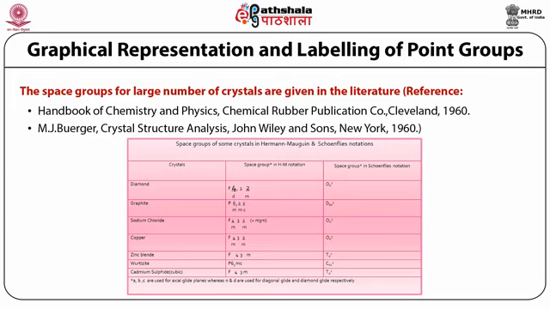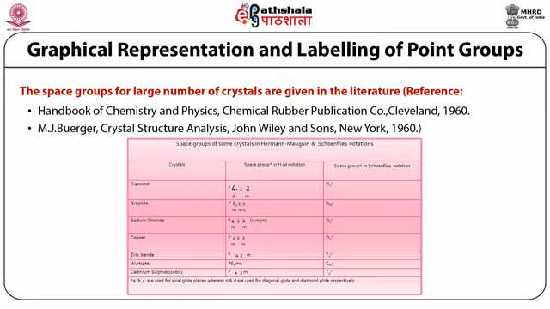Corresponding to it, the space group in Schoenflies notation is capital O with subscript h and superscript 7. Graphite is another important crystal for which the space group in HM notation is capital P 6 with a subscript 3 by m, 2 by m, 2 by c. Corresponding to it, the space group in Schoenflies notation is capital D with a subscript 6h, superscript 4.